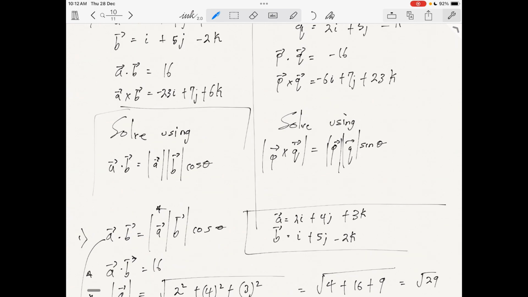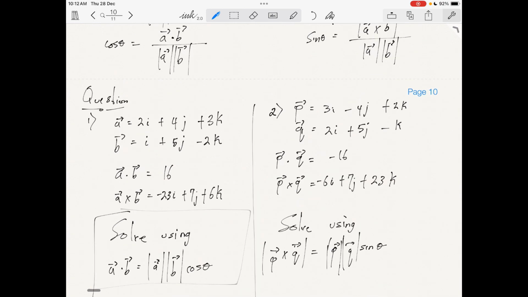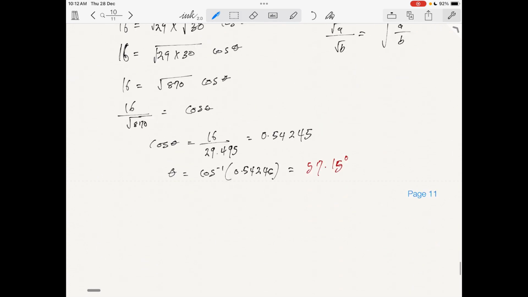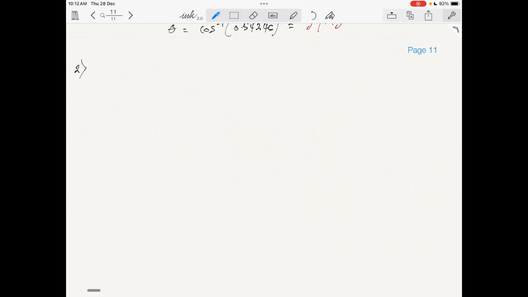We solved using the dot product method. Now let us solve the next one using the cross product method. Now let's write down our questions again and our answers. We have that p is equal to 3i minus 4j plus 2k, and q is equal to 2i plus 5j minus k.